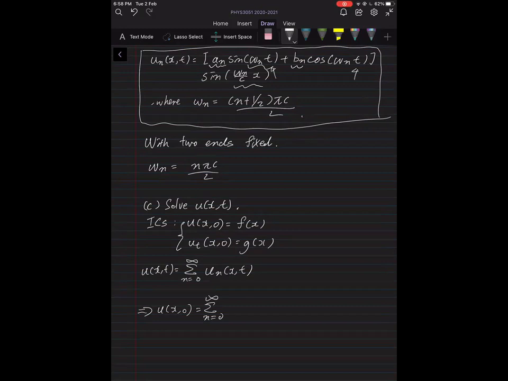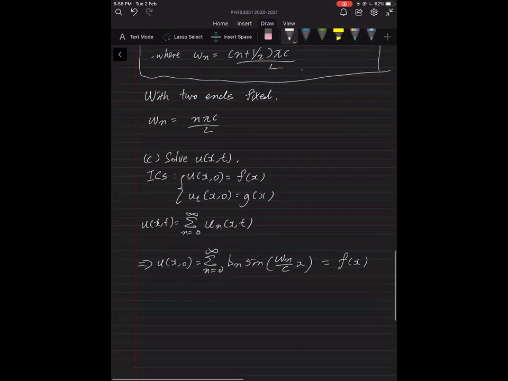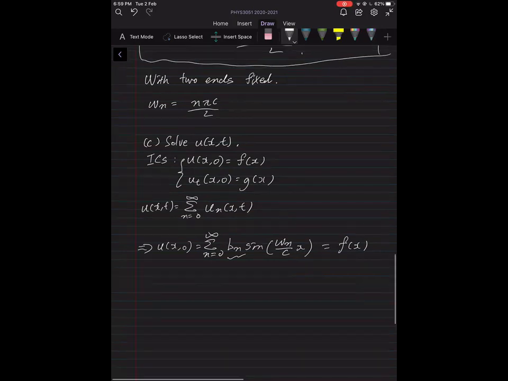So we have the sum of B_n sine omega n over c x equals f(x). So how do we solve for B_n here? By orthogonality.